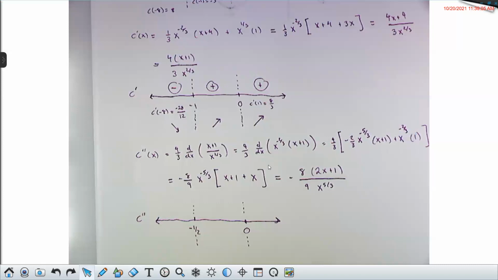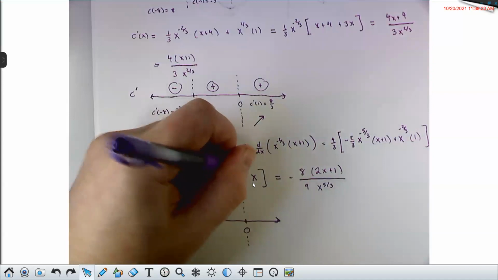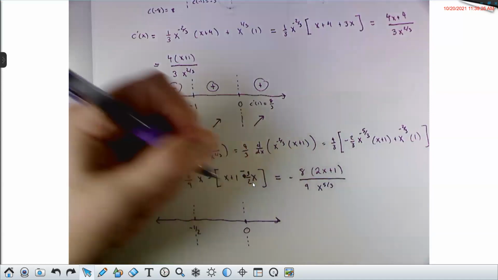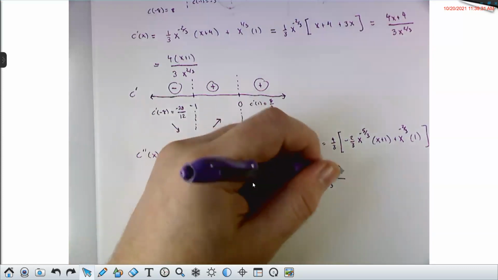Correct, this should have a constant. Yeah, you're right. When I factored out this negative 2/3, I should have gotten a negative 3/2 here, right? Yes. Okay, so this is really minus 3/2 x. And that will change things. So let me.